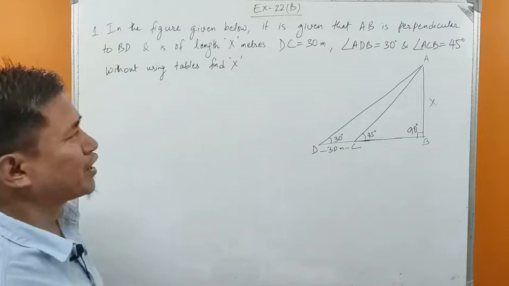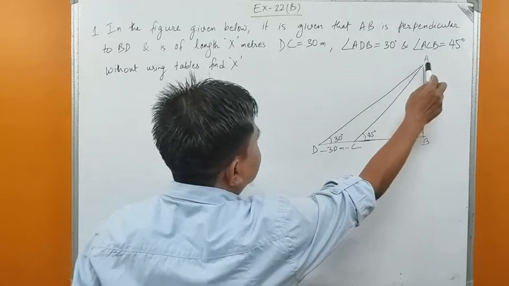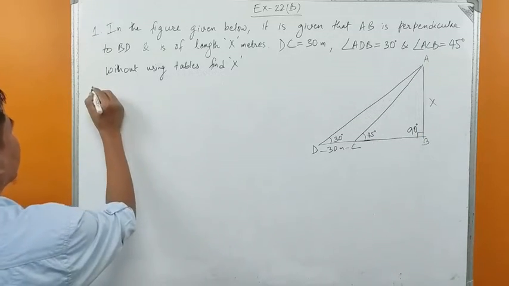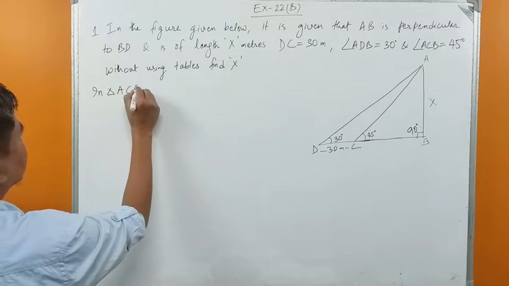So let's begin. First of all, we take triangle ACB.